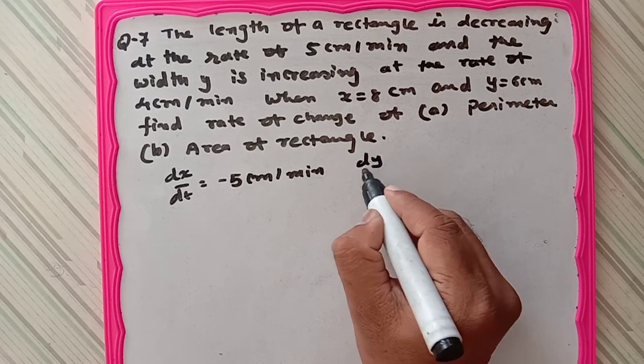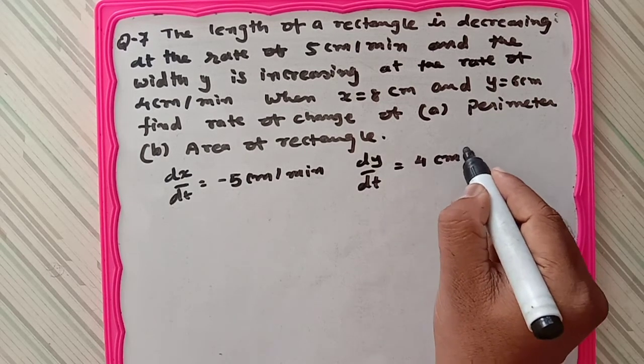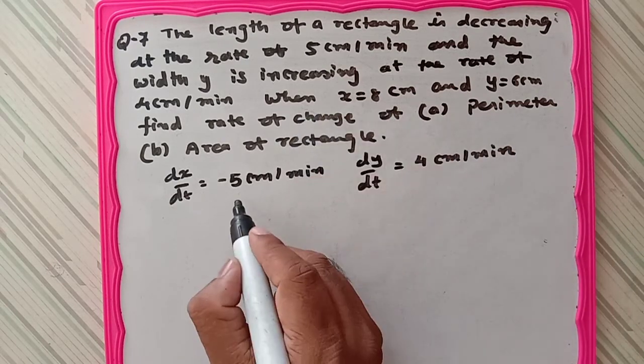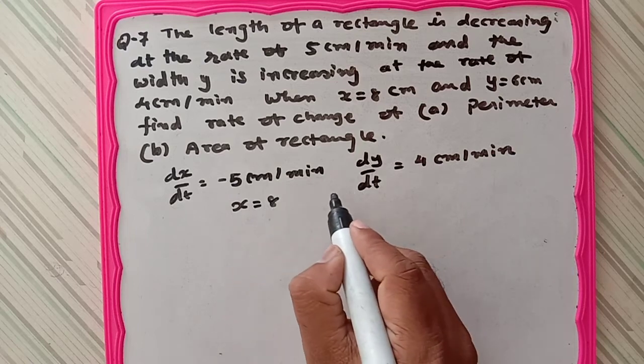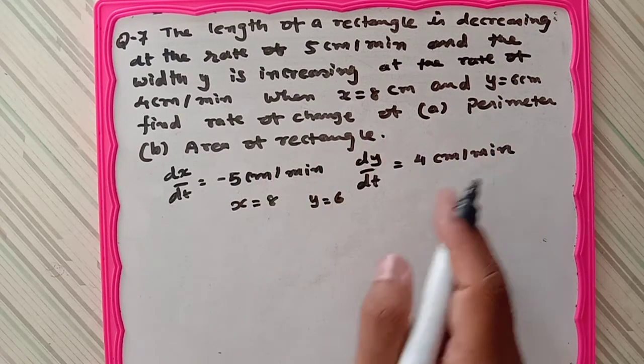So dy/dt is given as 4 centimeter per minute. When x equals 8 and y equals 6, find the rate of change of perimeter.